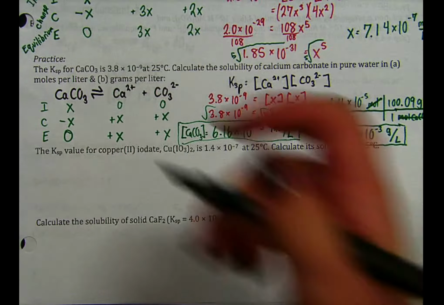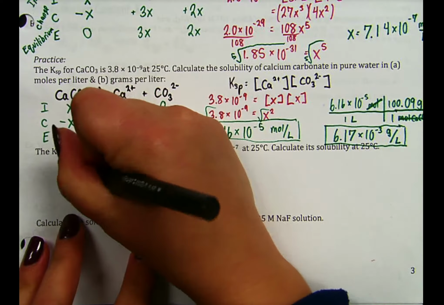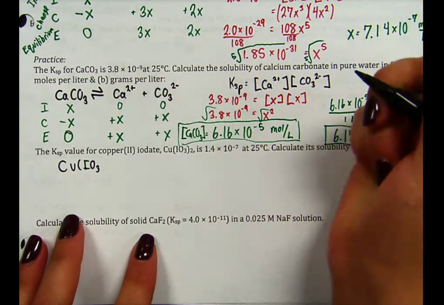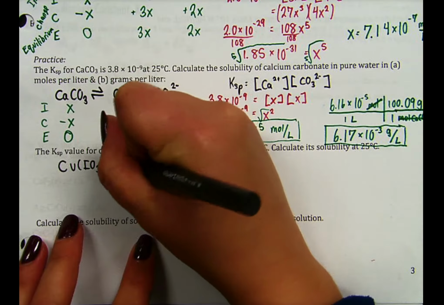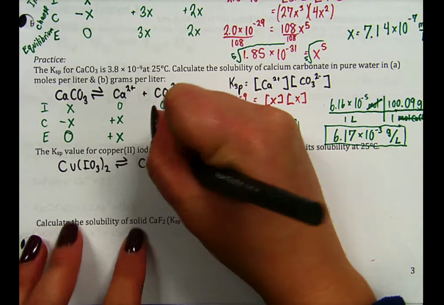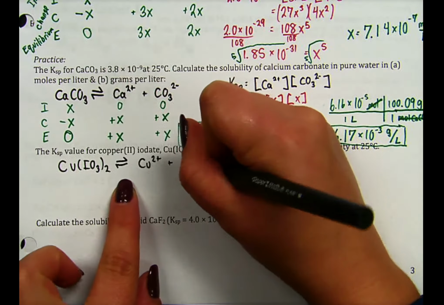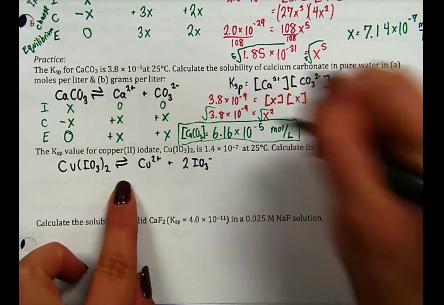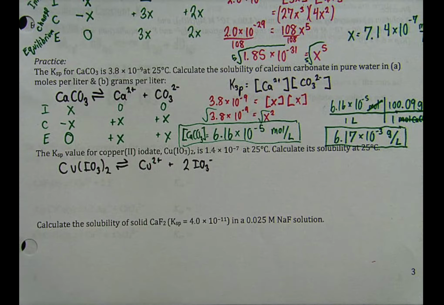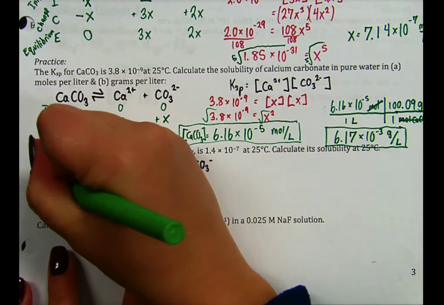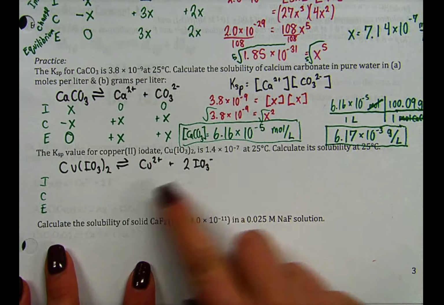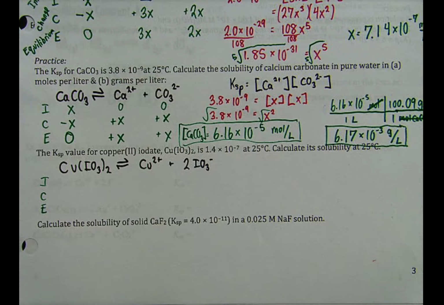So I'll help you get started by writing how it dissolves. It'll dissolve into copper 2 plus and 2 IO3 minuses. So go ahead and set up your ice table and your equilibrium expression and try it on your own.